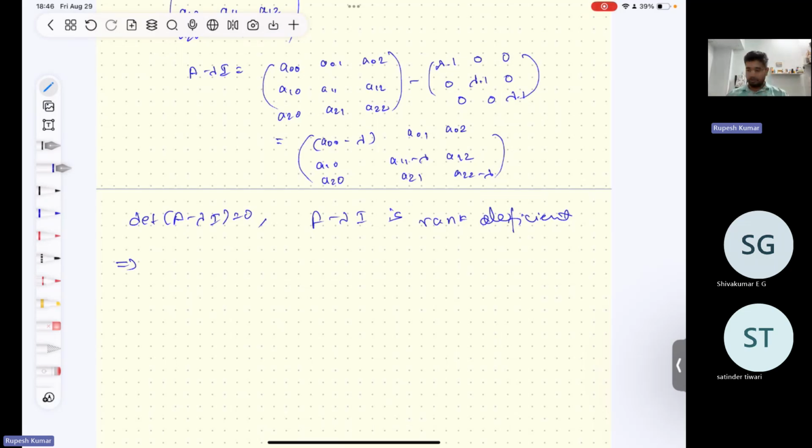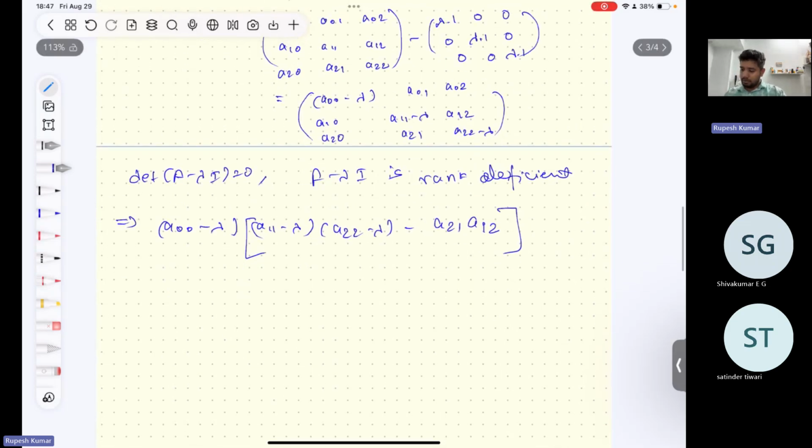Then what is the determinant of A minus lambda I? You all know the formula for determinant, right? So A00 minus lambda multiplied by this quantity into this quantity, which is A11 minus lambda into A22 minus lambda, minus this quantity into this quantity. This is the formula for determinant that you can go look back into the lectures also. This is very simple.